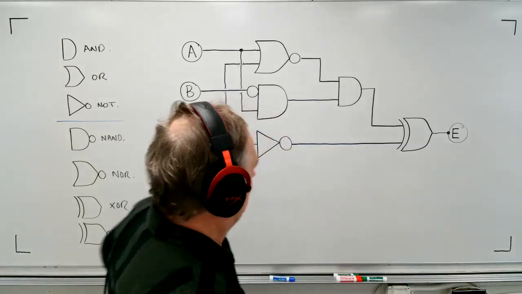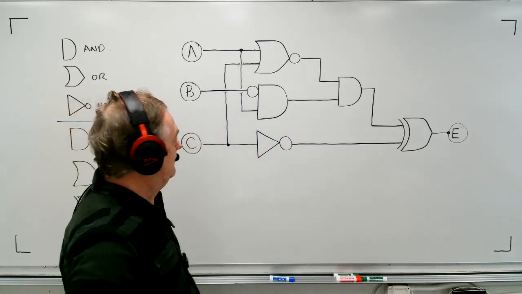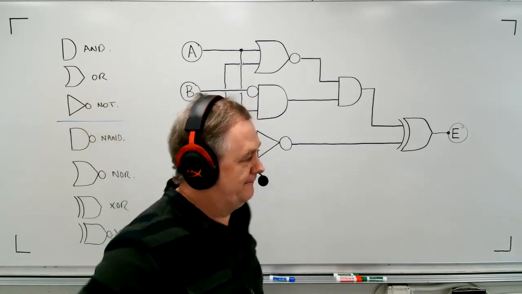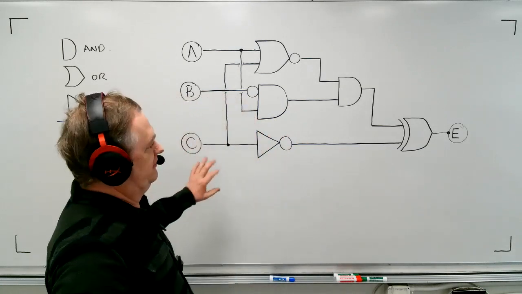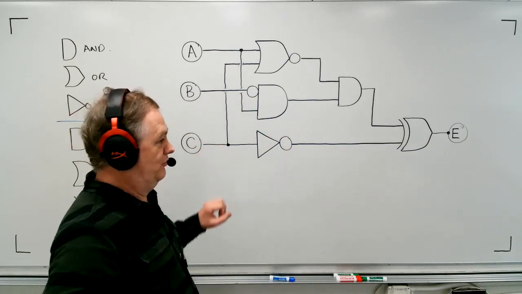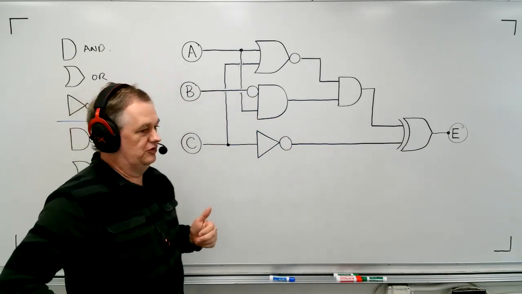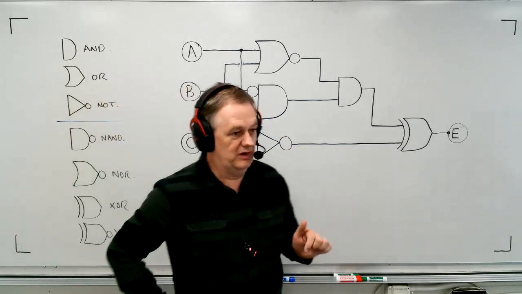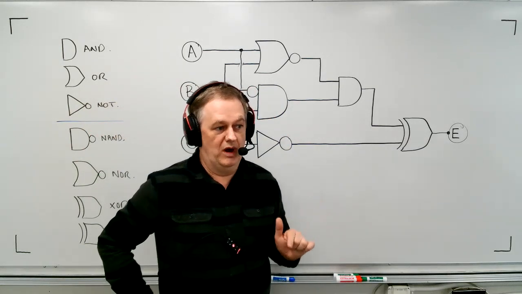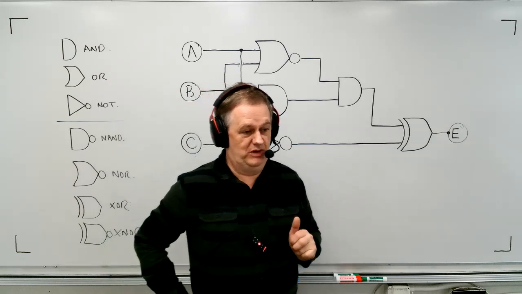Once you get onto these, they're actually quite interesting. They're like little puzzles. If you like puzzles, then you like this sort of thing. What I'd like you to do is just take this and create a truth table for it. Now, you know that seeing as you have 3 inputs, your truth table has to go all the way from 0, 0, 0 to 1, 1, 1, and every combination in between.